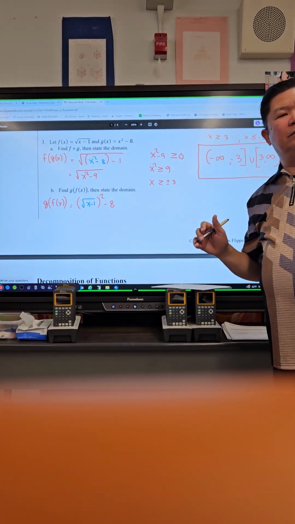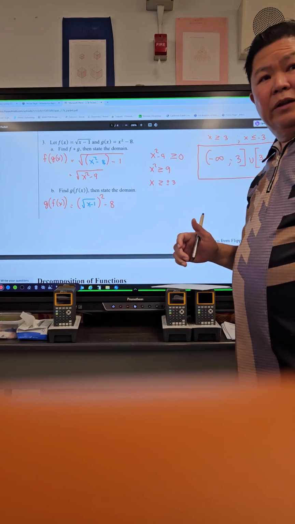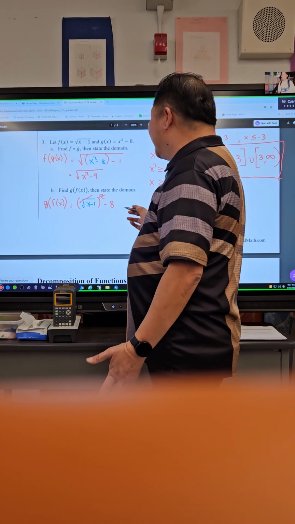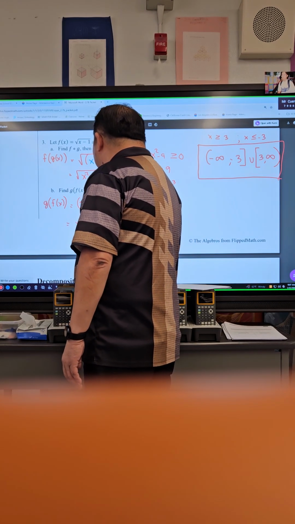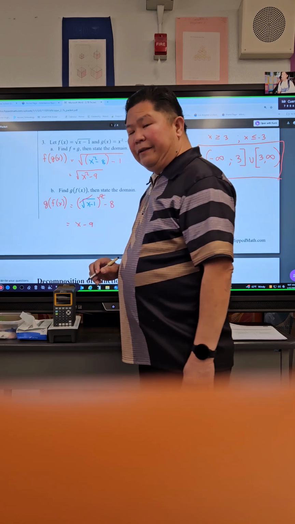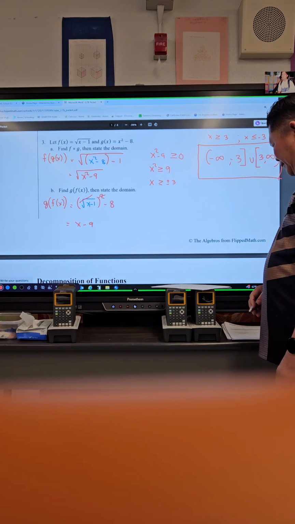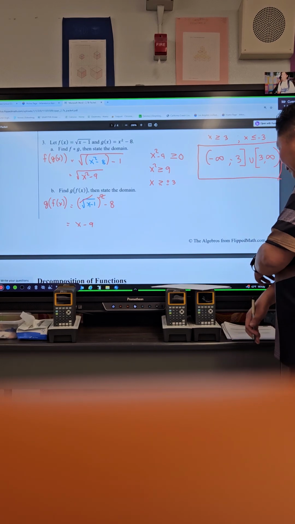Anything cancels out? The square and the square root, the radical, right? So this cancels out. So what is left now? So it must be x minus 9. Am I right, guys? Yes, x minus 9.